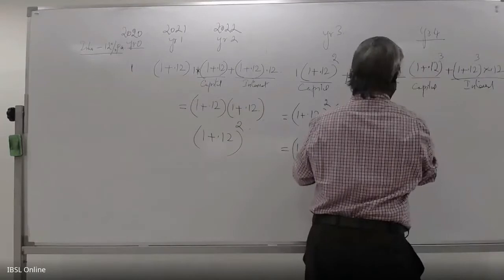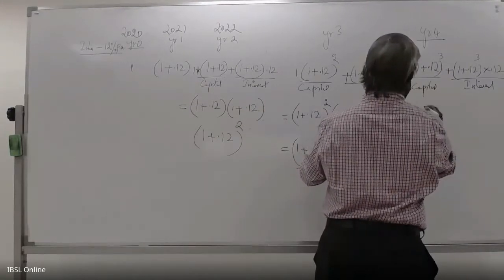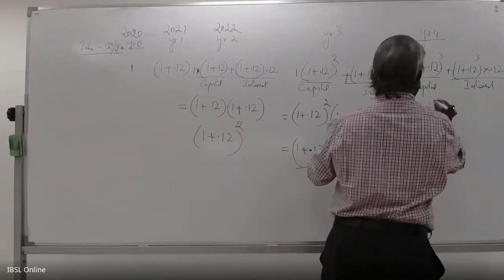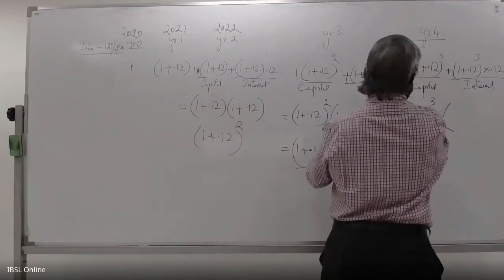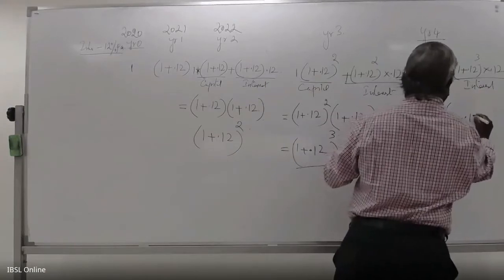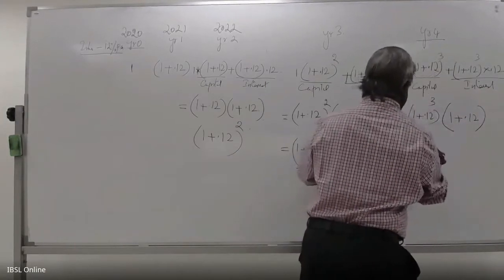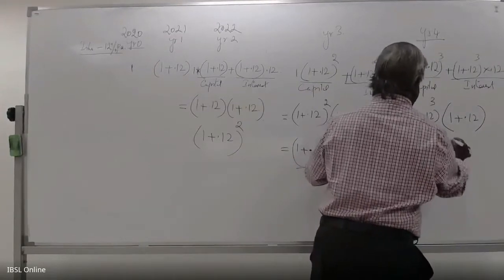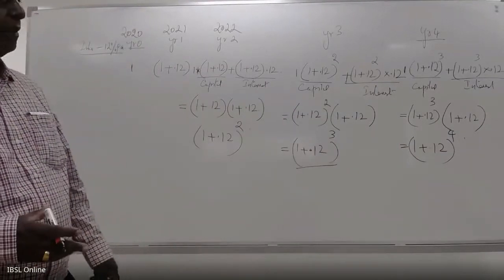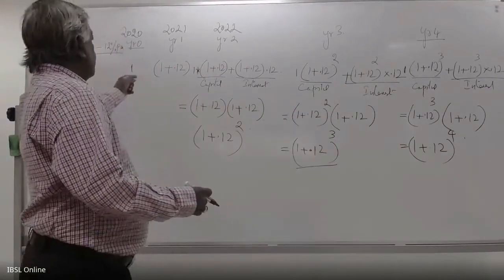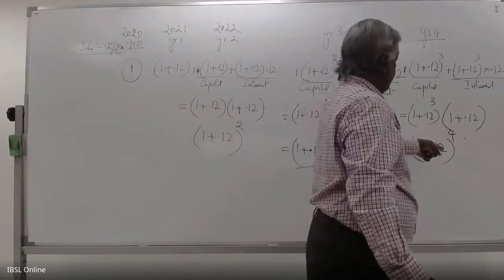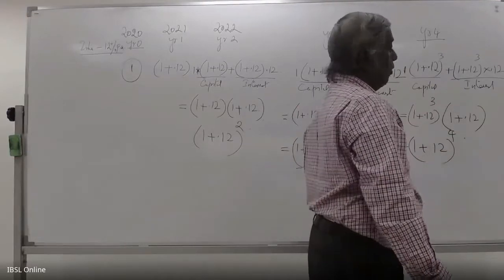When you factorize this one, 1 plus 0.12 to the power 3, then when you take it out, automatically there is 1. So 1 plus 0.12. This is going to be 1 plus 0.12 to the power 4. In the fourth year, I have 1 rupee today. Now, the value of that one will be 1 plus 0.12 to the power 4.